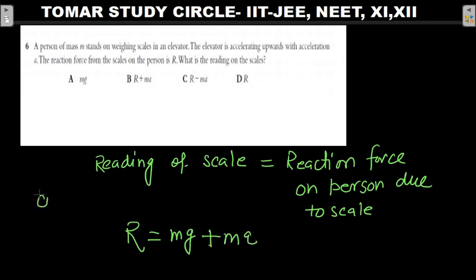Here we see that there are two forces acting on the person. One is its weight vertically downward, mg. Second is the reaction force R.